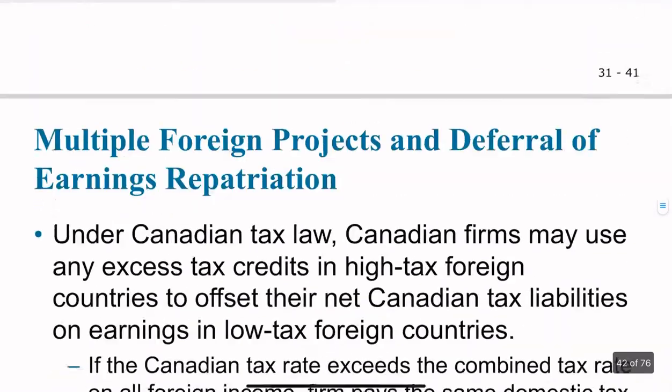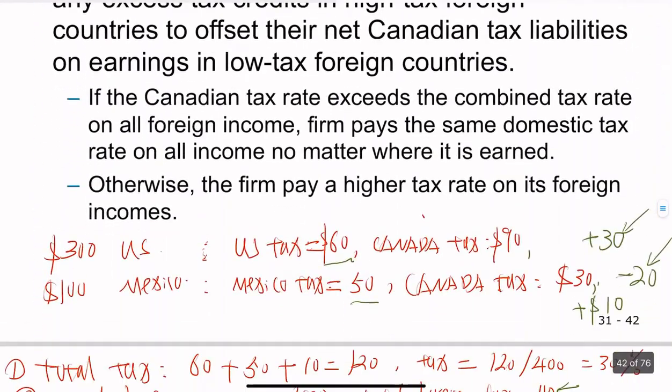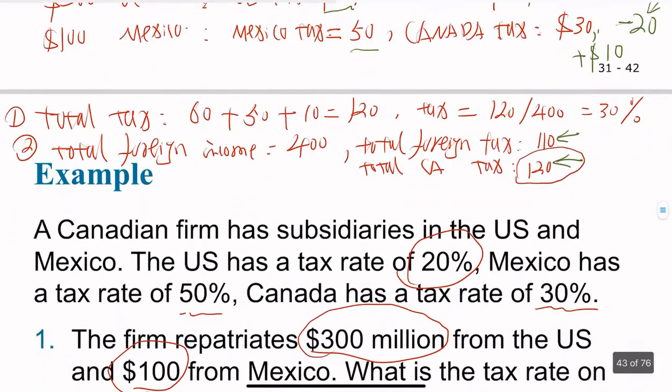Note that in the previous page, we talked about this: if the Canadian tax rate is larger than the combined tax rate on all foreign income, then the firm pays the same domestic Canadian tax rate. How can you see this?